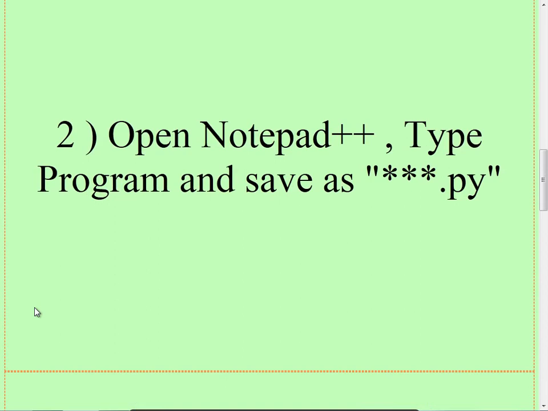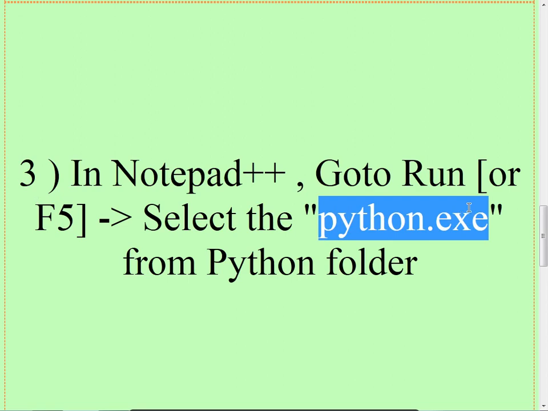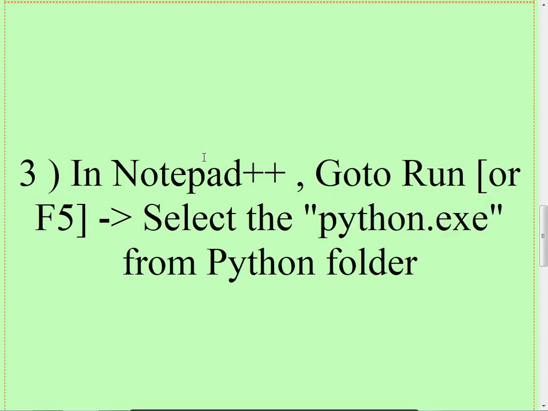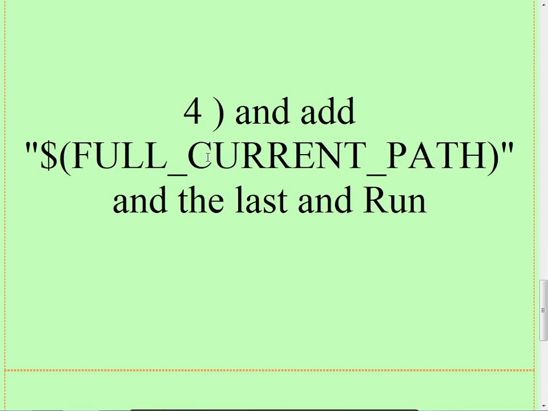So remember the extension: whatever the file name, and .py. Third thing, in Notepad++, go to Run, or press F5, and there we have to select the python.exe where we downloaded it, in our C drive or default location. Then we have to add this string here.